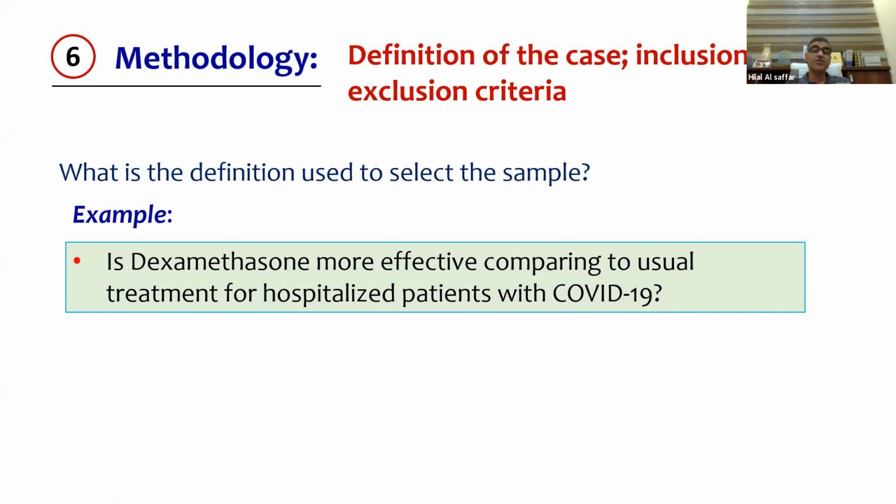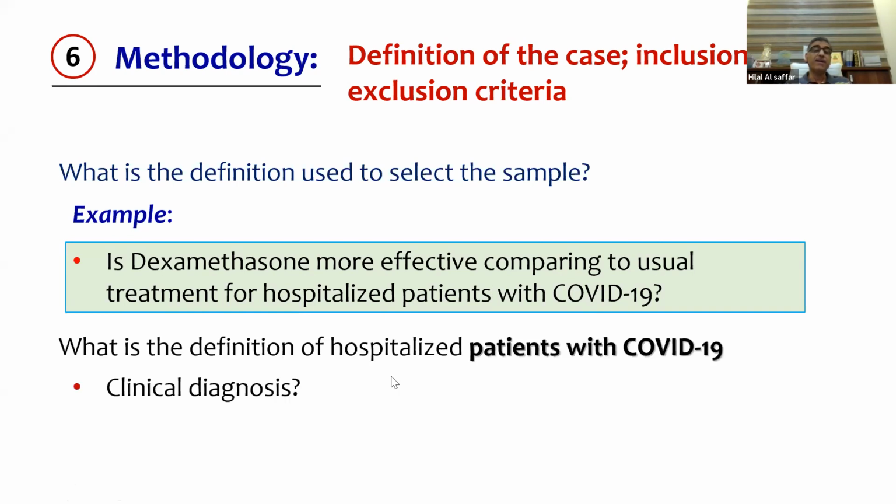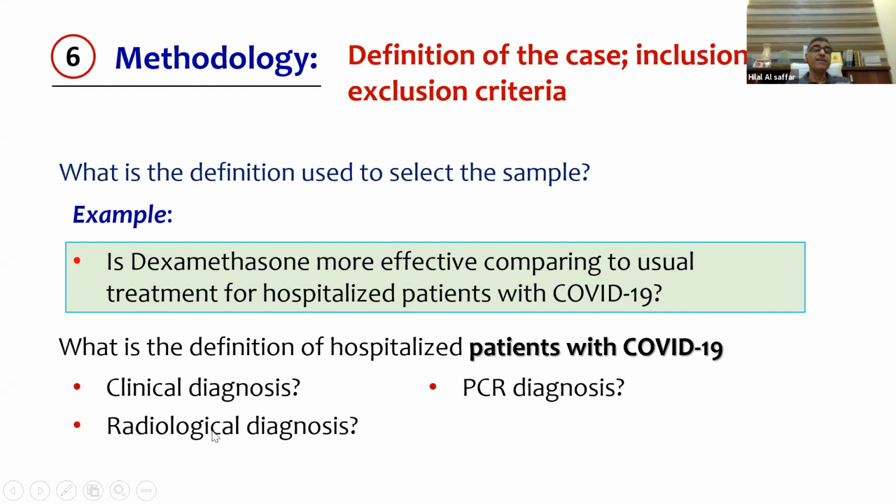As a hospitalized patient, easy to say. But which patient? For example, احنا عندنا ممكن clinical diagnosis depends on the clinical features of the patient. عندنا PCR diagnosis, عندنا radiological diagnosis, عندنا immunological diagnosis. So variety. Which one of them you choose?